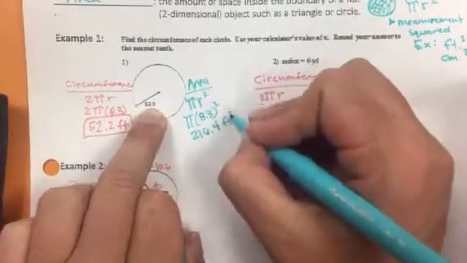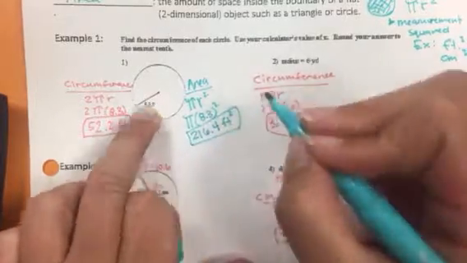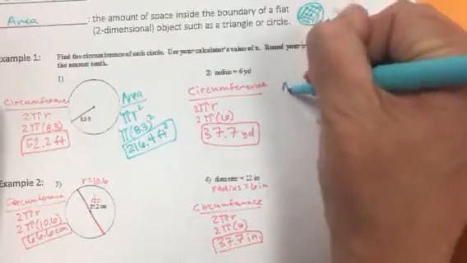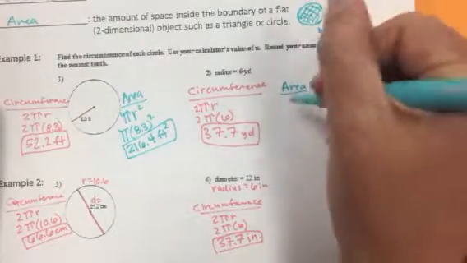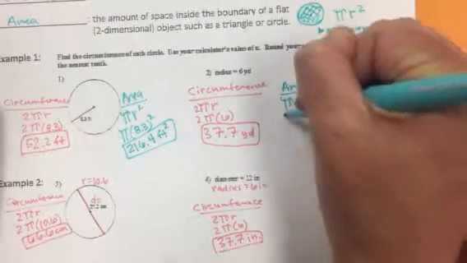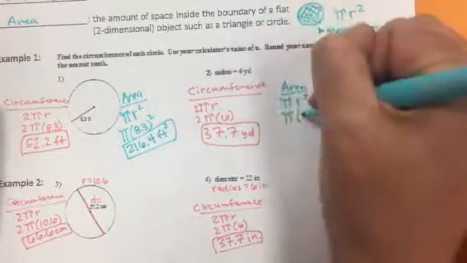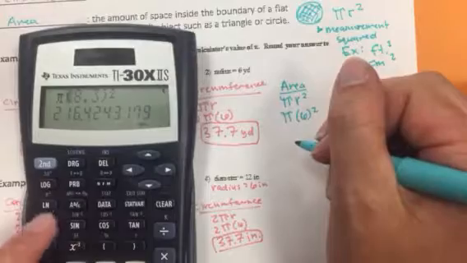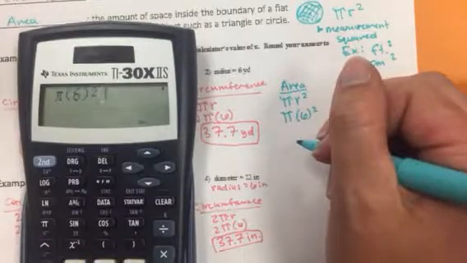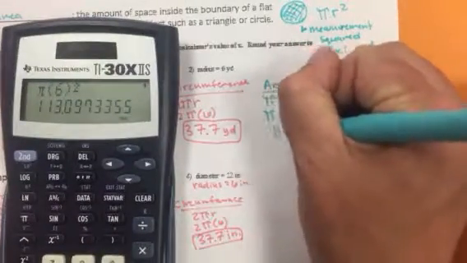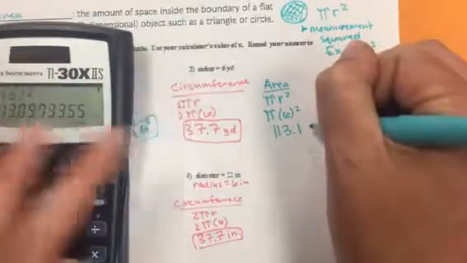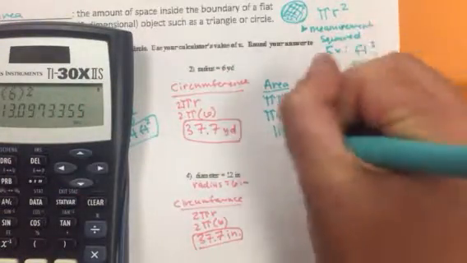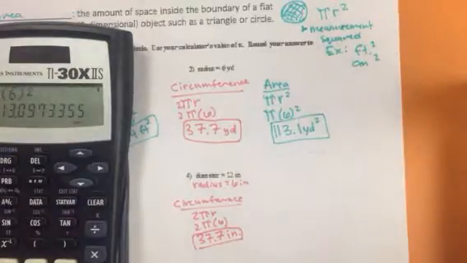Now because it's area, the feet are squared. All right, let's try this one. Area, pi r squared. Pi times 6 squared is 113.1 yards, squared because it is the area.